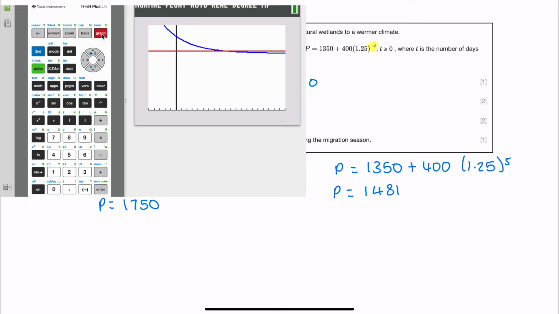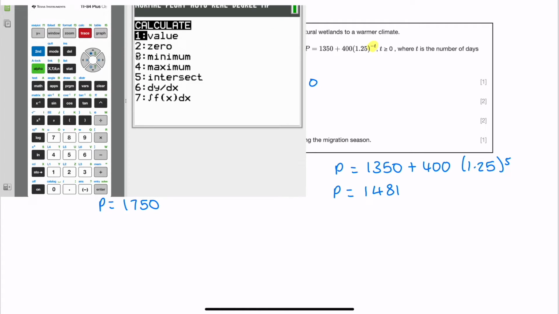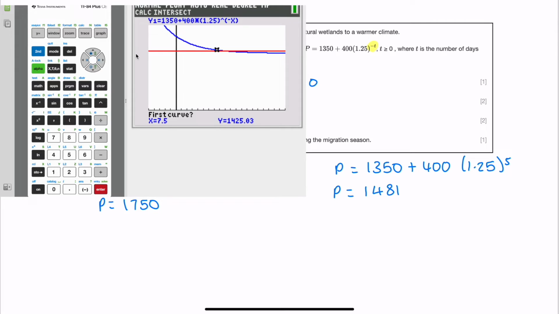When I graph this, the blue line there is my model of the population. And then this is my 1,400. I want to know the first time it drops below that. So to find that out, I do calculations and I can do my intersection.